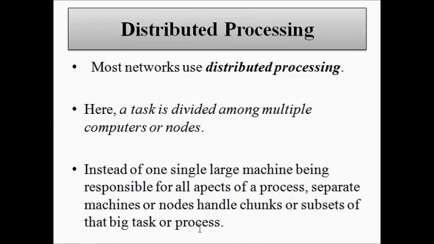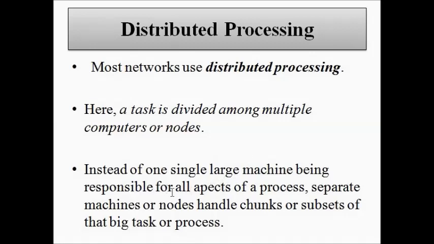This is how distributed processing works. This has many advantages. First, it is very efficient, and another thing is that it reduces the risk of network failure. It means if even one of the smaller computers encounters a failure or defect or any technical malfunction, the whole network is not shut down.